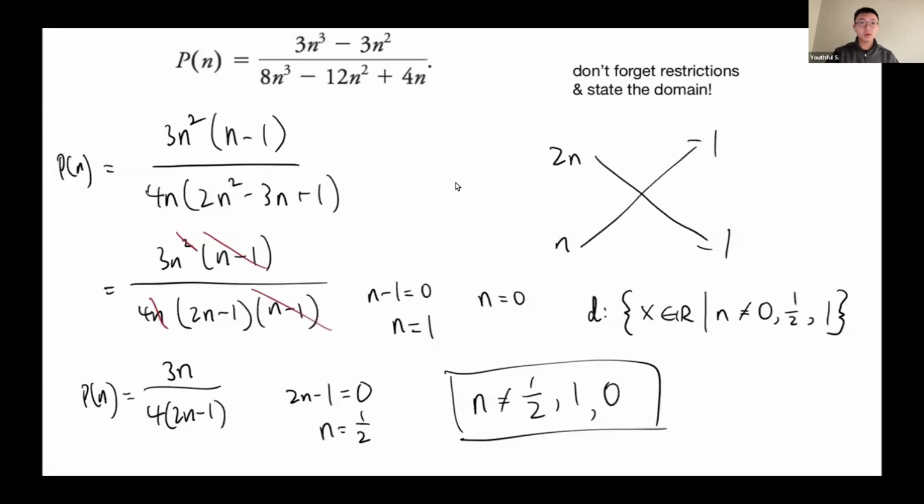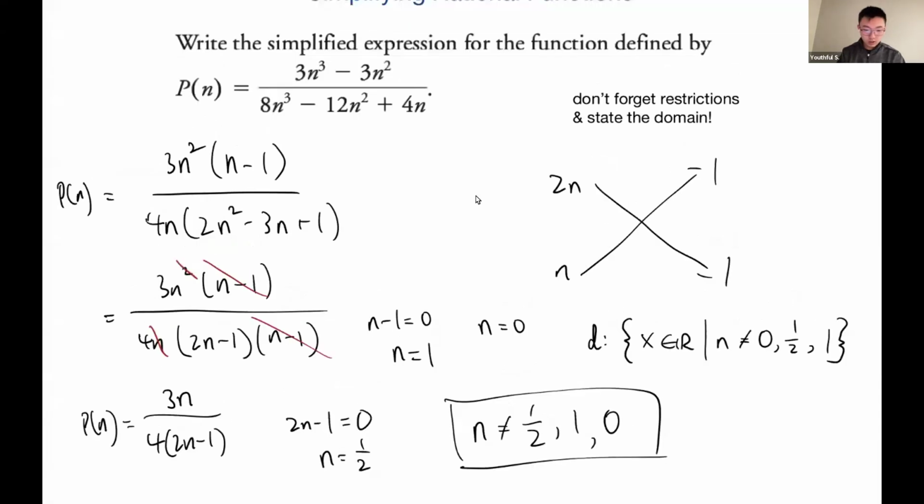So why is that? Let's take a look back at the whiteboard. So 0 and 1 are holes. You can see that the values of 0 and 1 were obtained from this unsimplified form, right? 0 was also taken from the 4n here.